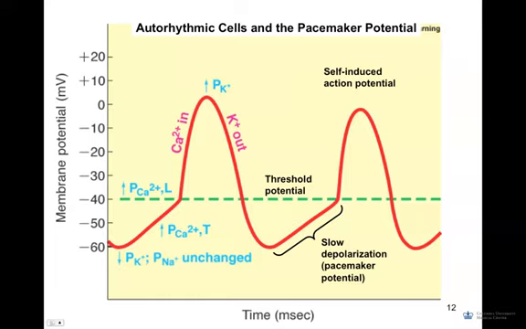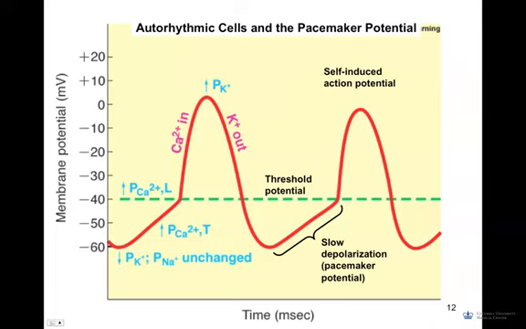Calcium flickers in, it pushes us to threshold, and then once we're at threshold, we open the L-type calcium channels, the long calcium channels, and that causes a rush of calcium into the cell and a rapid depolarization.